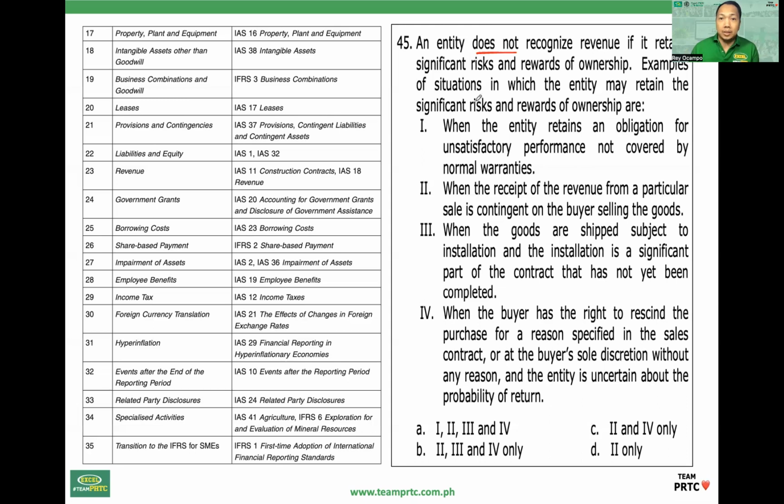Now, examples of situations in which the entity may retain the significant risks and rewards of ownership are letter A. In those situations, revenue is not recognized, kasi dyan sa 1, 2, 3, and 4, risks and rewards retained by the entity, not transferred substantially to the buyer. So dyan sa 1 to 4, revenue is not recognized. So 45, letter A.